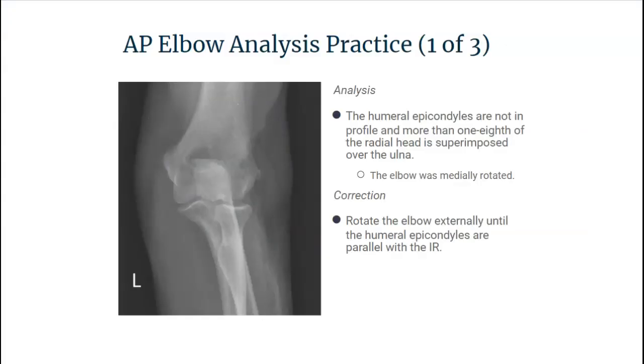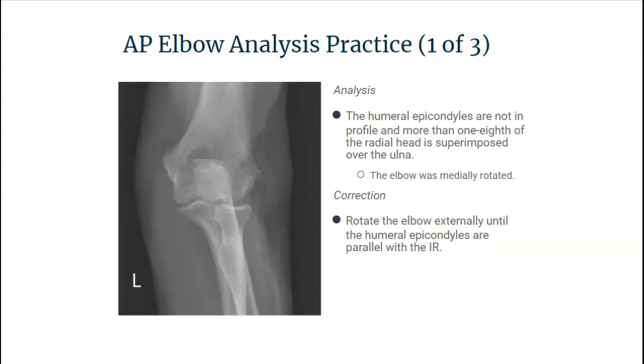So let's look at our first practice analysis. We can tell this is not in a true AP projection because we're going to refer back to the relationship of the radial head to the ulna. The radial head is superimposed by more than 1/8 over the ulna.